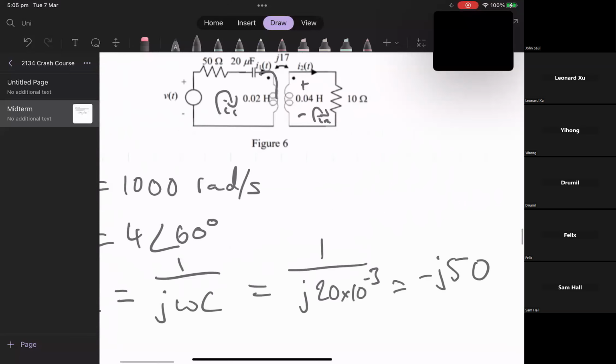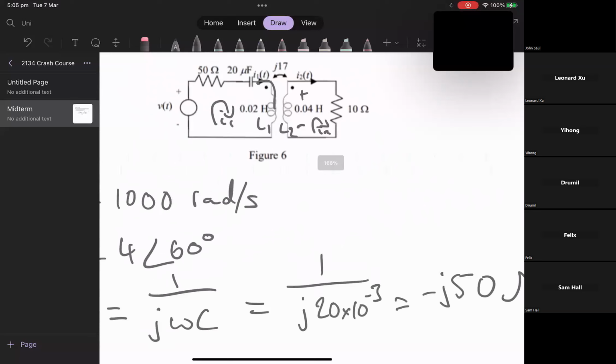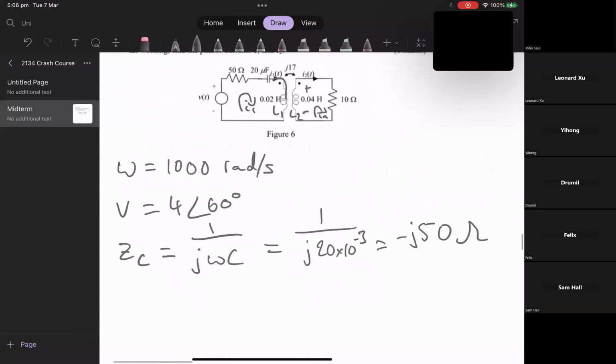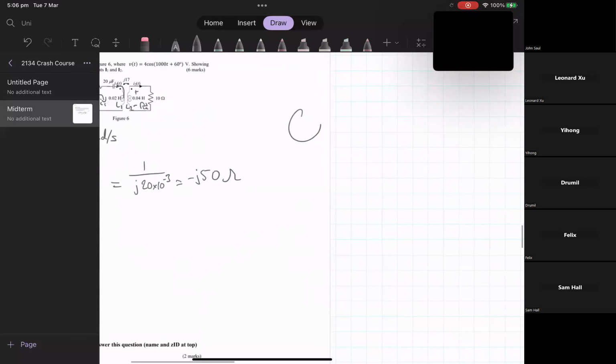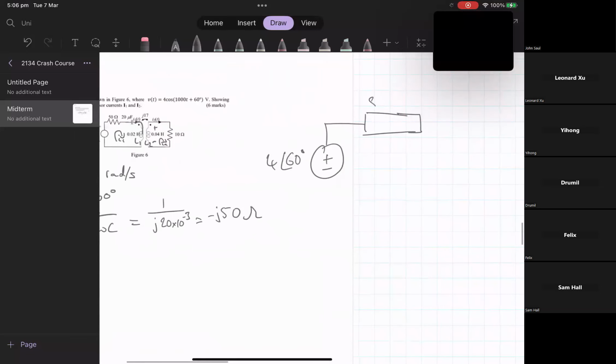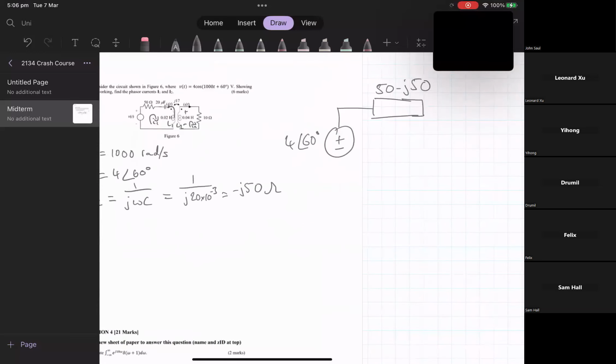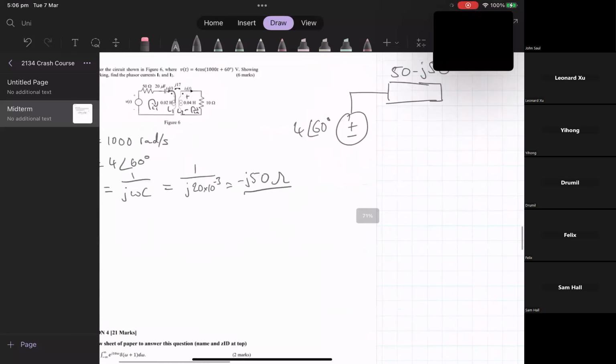And then we'll call this inductor 1 and inductor 2. Sorry if this circuit is too small. I might draw a second one. And that is our resistor in combination with the capacitor using this impedance here.